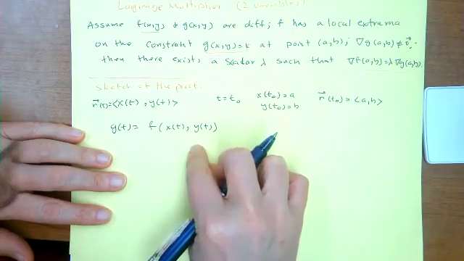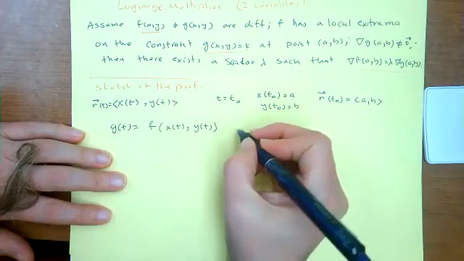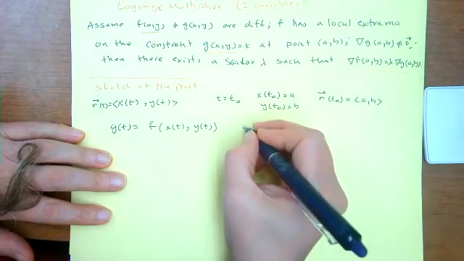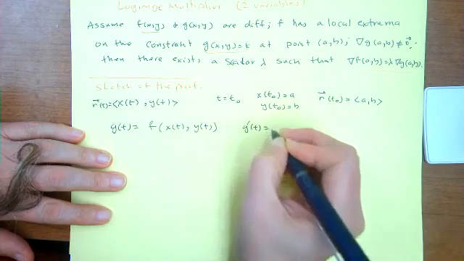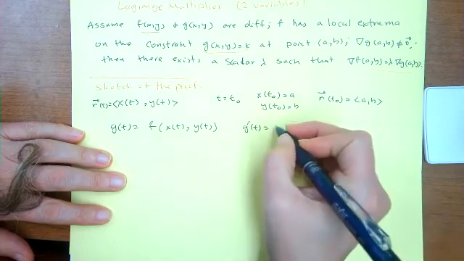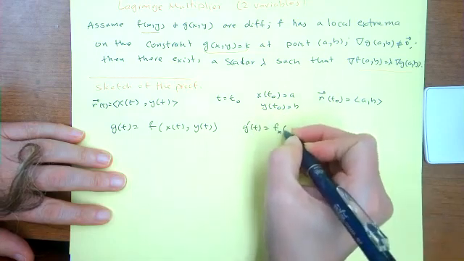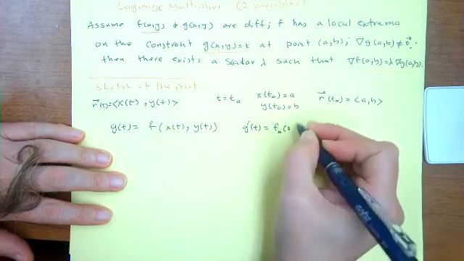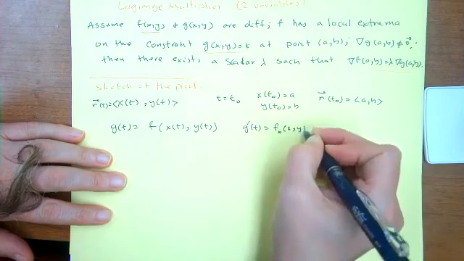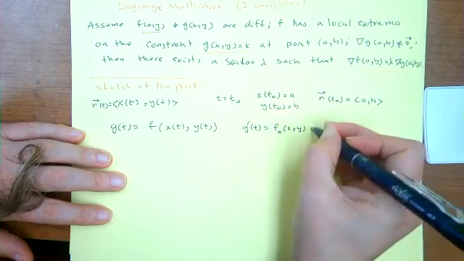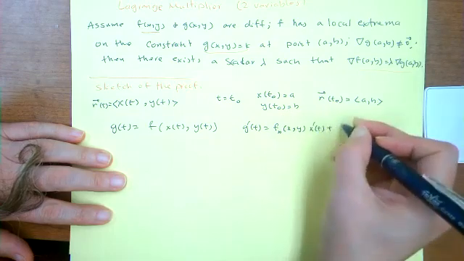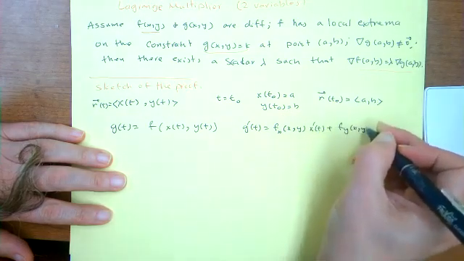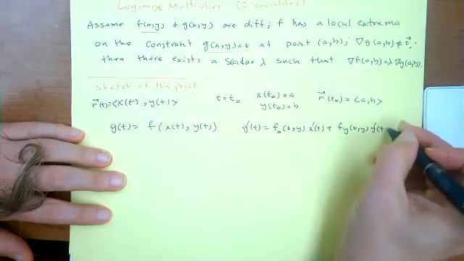If I use the chain rule, g prime of t is going to be equal to f sub x at x of t and y of t times x prime of t plus f sub y at x and y times y prime of t.